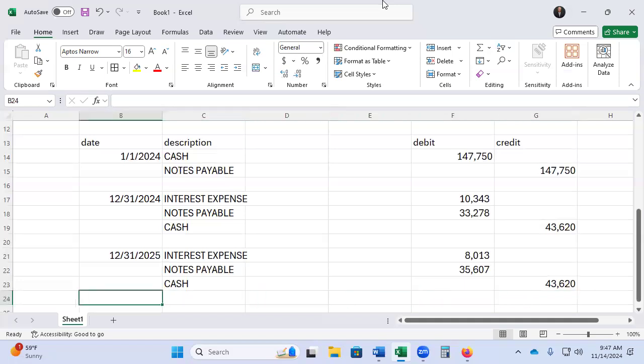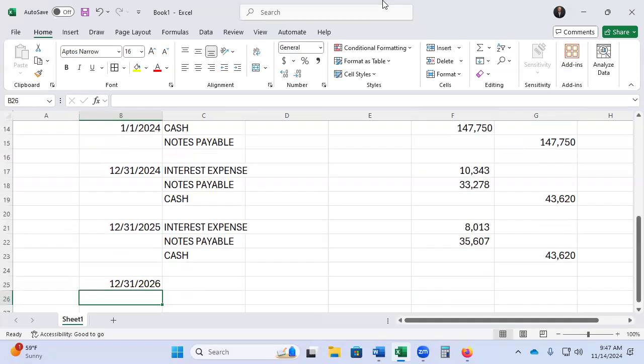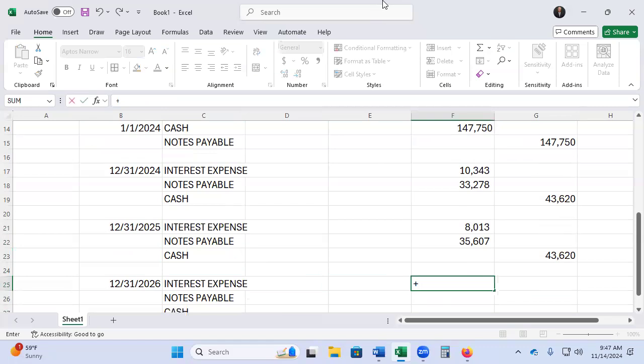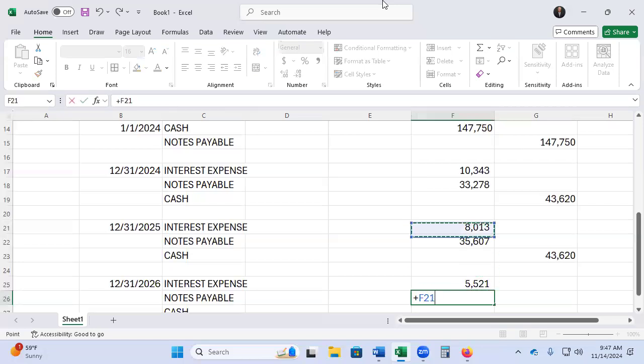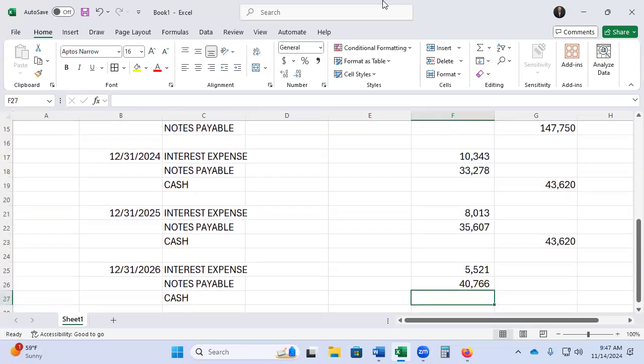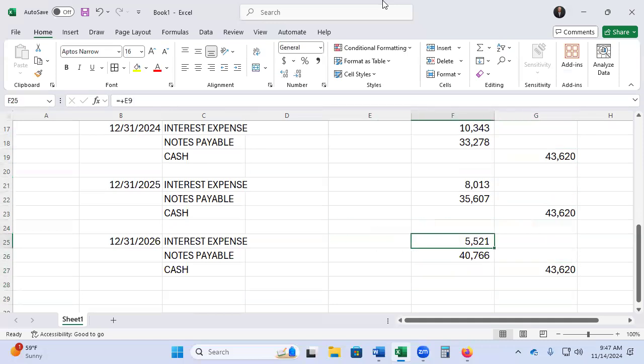So year 2 now. I took the wrong one there. That's not 40,000. Don't take that one.